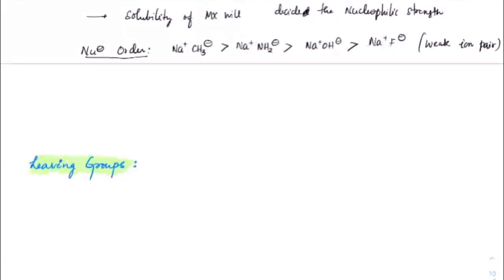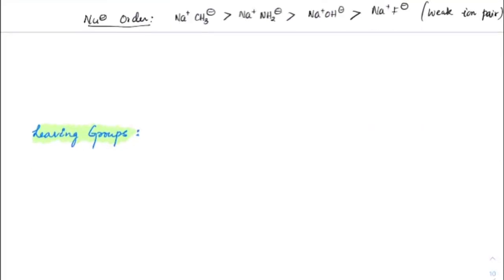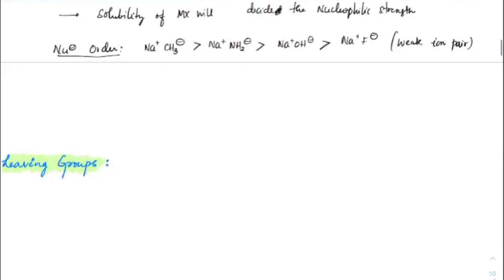Okay. So similarly, you can see from left to right how the nucleophilicity in non-polar solvent behaves. But if you go down the group, again, if you consider NaF, NaCl, NaBr, and NaI here, obviously the weak ion pair would be with NaI, right?